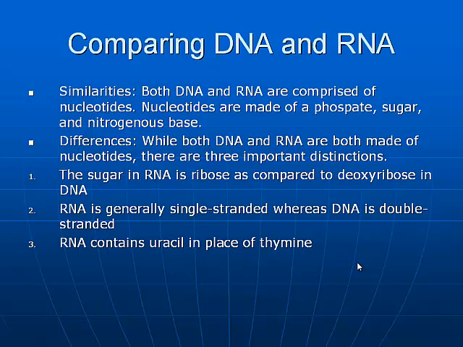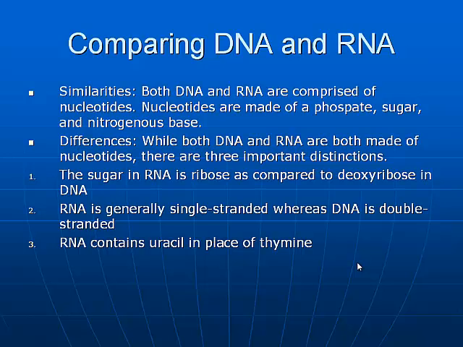However, there are important differences between DNA and RNA. While both DNA and RNA are made of nucleotides, these nucleotides differ in essential ways. First of all, the sugar in RNA is ribose as compared to deoxyribose in DNA.